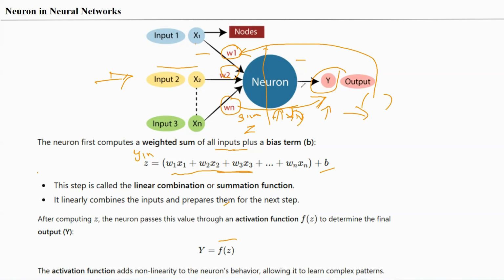This correction helps the neuron learn better. The learning rule is like a teacher correcting a student's mistakes so that the student improves in the next attempt. This is how a simple architecture of ANN works. That's it. Thank you.